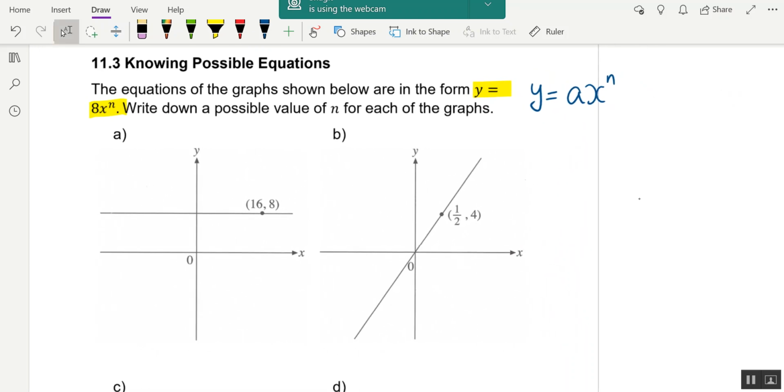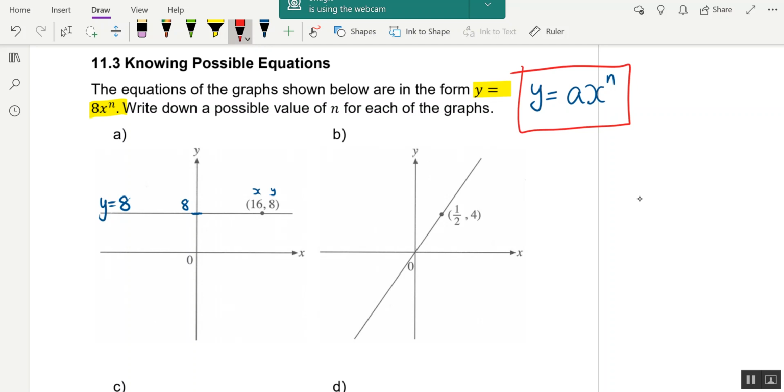So for the first one, you know that it's a straight horizontal line, and this straight horizontal line cuts the y-axis at 8. 16 is x, 8 is y, so you will cut the y-axis at 8. At this time, you have to know that the equation is y equals 8. But how do we put it in the form of y equals ax to the power of n?